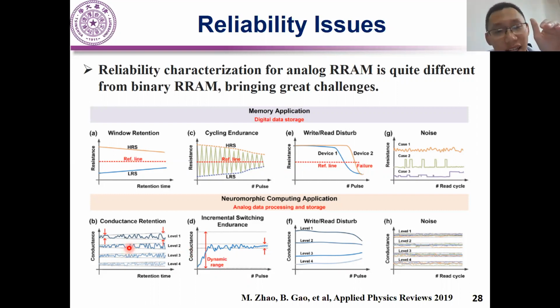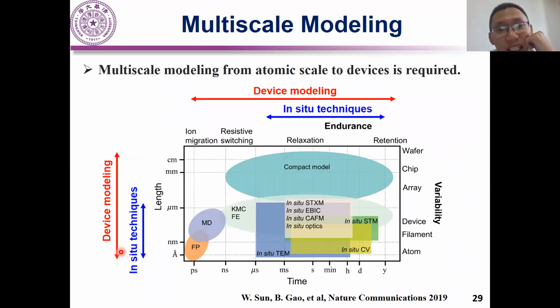Then we see the conductance change with time, and we need to extract the equation that is used for the characterization of the retention of analog RRAM. So this is quite different from the memory application. This is from the reliability view.